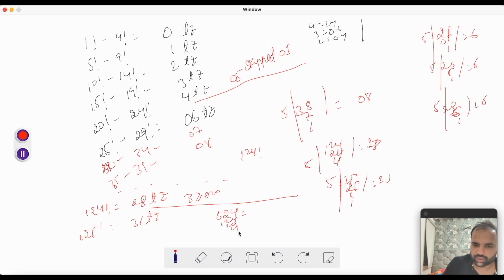So we have 152 trailing zeros. And if we calculate in 625, it's 125, 25, 5, and 1. So we have 156, I believe. 625 has 156 trailing zeros.